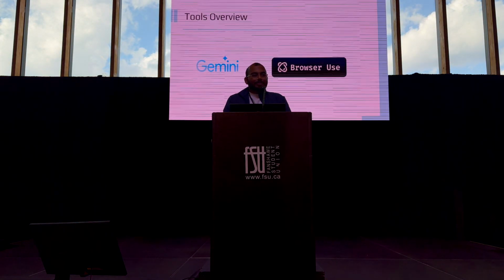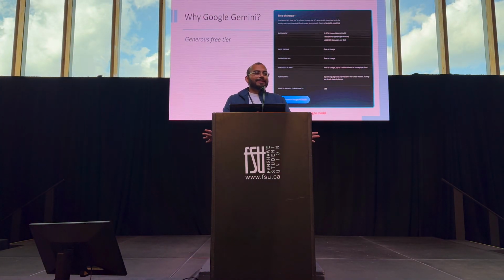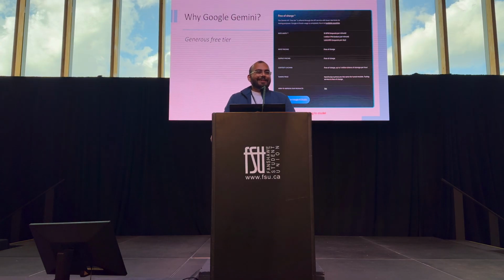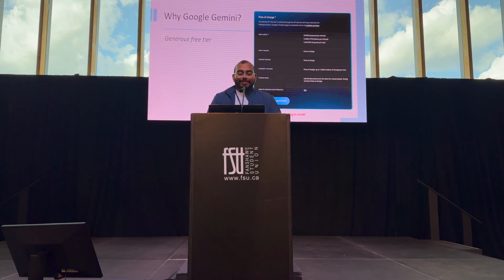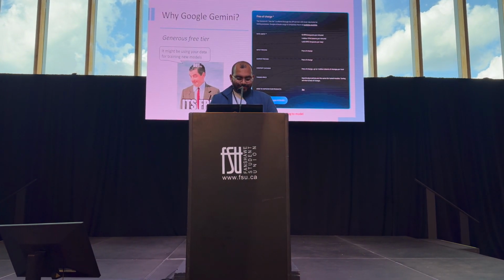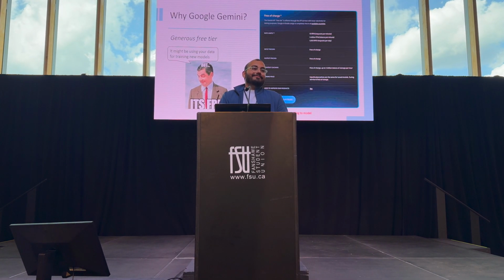And we are going to use Gemini. Why are we using Gemini? Because Gemini is free, right? Everyone loves free. If it's not free, you have to pay, and then people will think twice about doing that. But Gemini is free, and it has very generous limits. It might be taking that data to train the next model, but it's free.